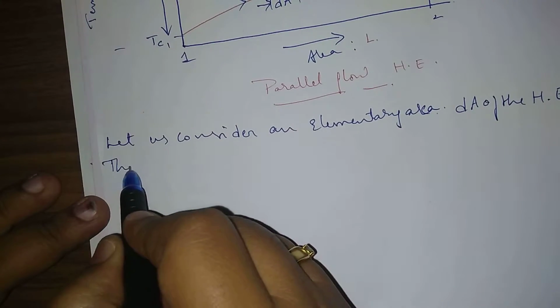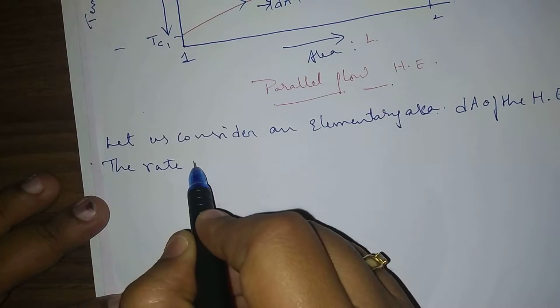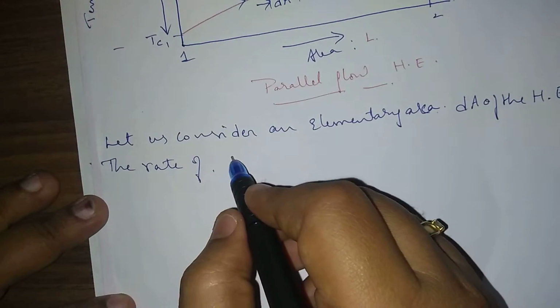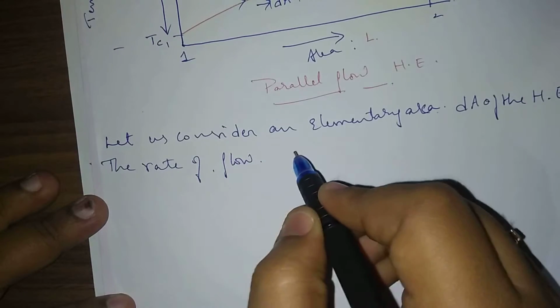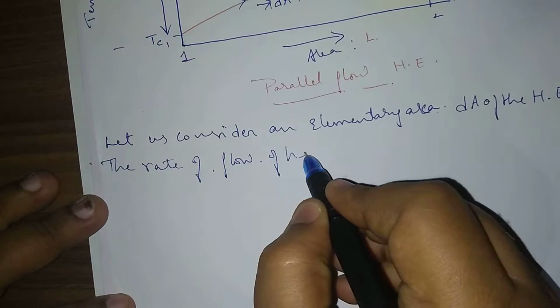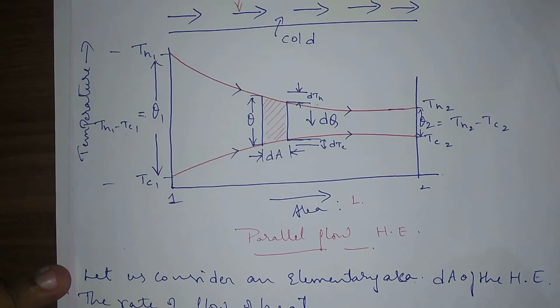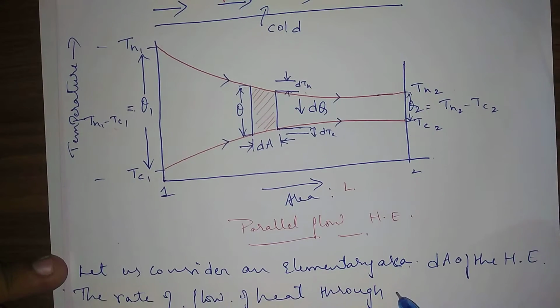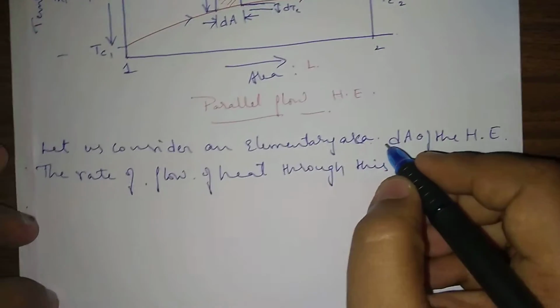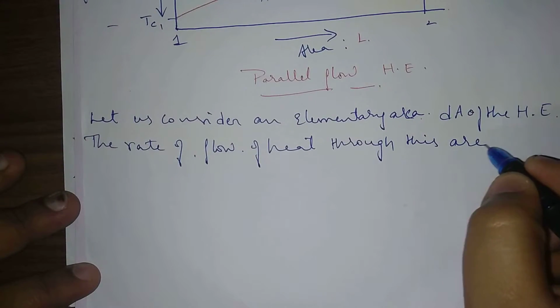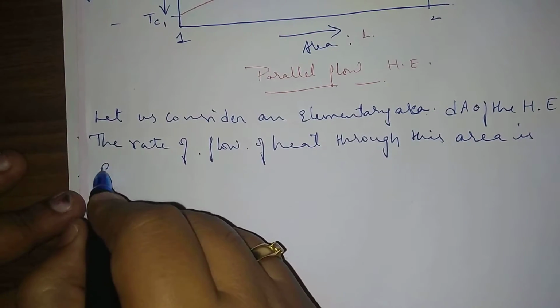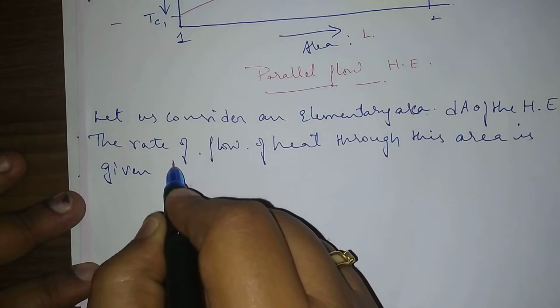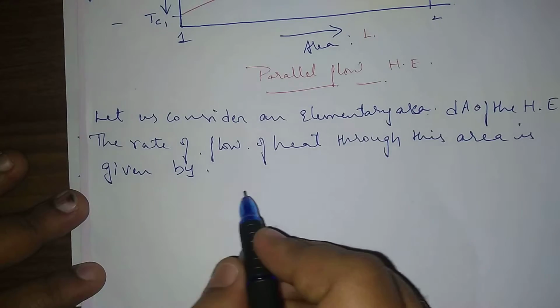Now the rate of flow of heat through this area is given by, what is that?